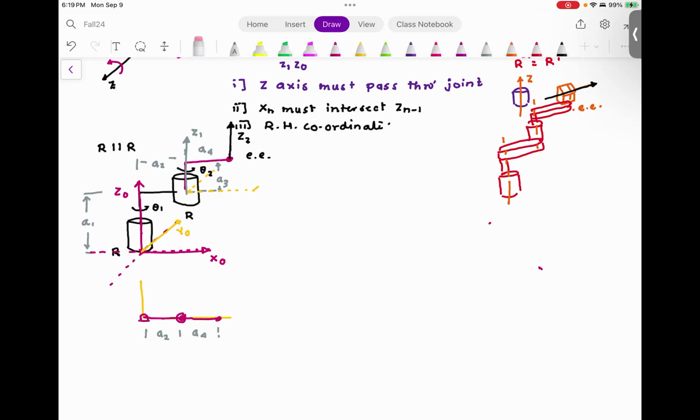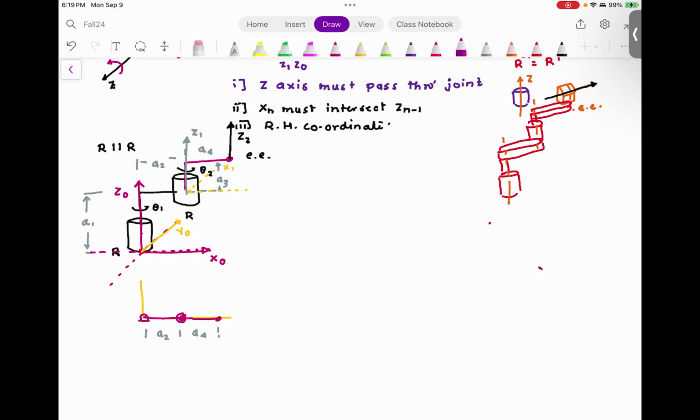However, for a minute, assume that instead of this axis, you use this as your x-axis. Now you would notice that this x1 is intersecting z1, but it is not intersecting z0. If you are wondering why not, you can take a look at the figure from the side, and I'm going to show it to you here.